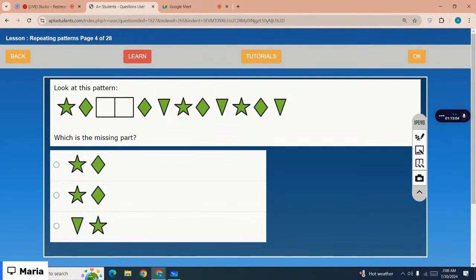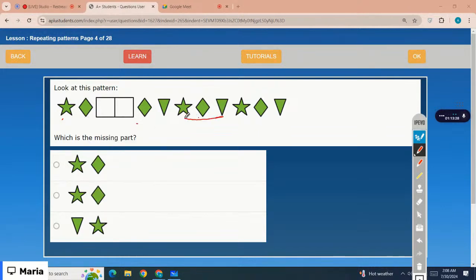Look at this pattern, which is the missing part? So which part is missing? Okay, let's see which part is missing, right? You have a star and a diamond, right?